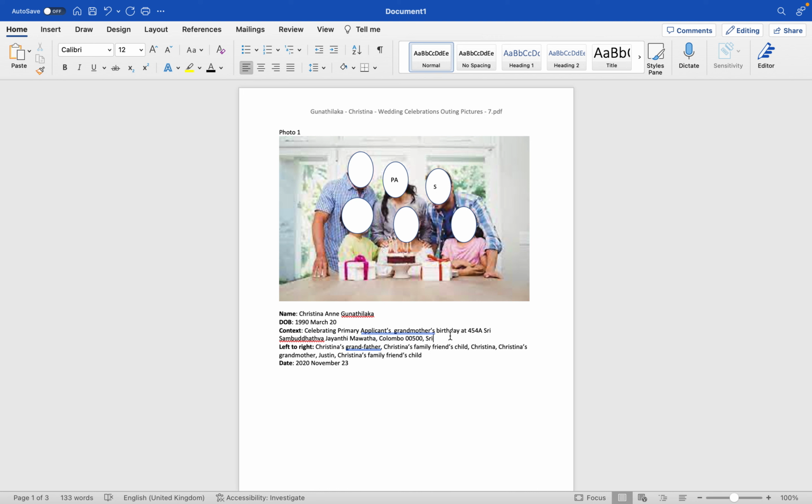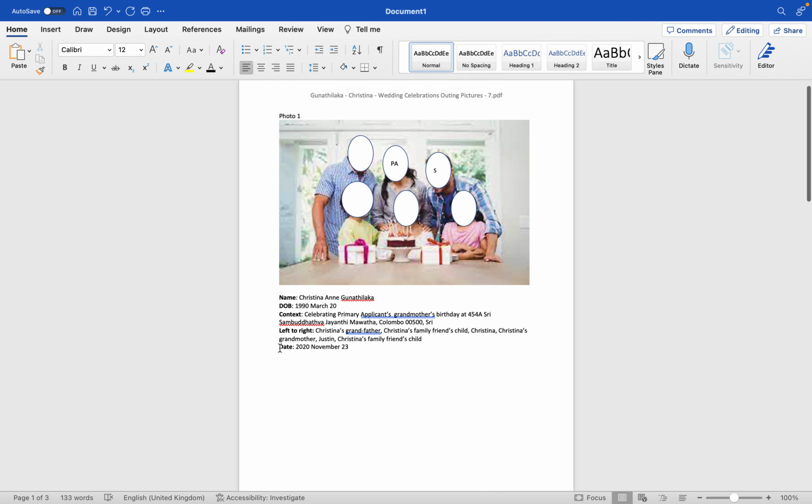Okay, then you put left to right, you explain who these people are. So this is the grandfather, then this is Christina's family friend's child, this is the primary applicant who is Christina, and then this is Christina's grandmother, and then this is the sponsor who is Justine, and then this again is Christina's family friend's child.